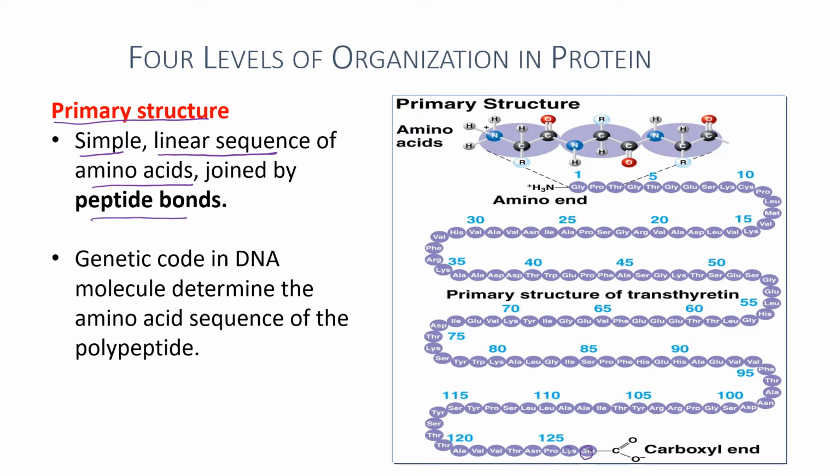You have different amino acids connected together through peptide bonds, and for example, you have polypeptide chain A and polypeptide chain B. Later this polypeptide chain becomes a functional protein, such as polypeptide chain A becomes enzyme A, polypeptide chain B becomes enzyme B. Each of these enzymes will have different function.